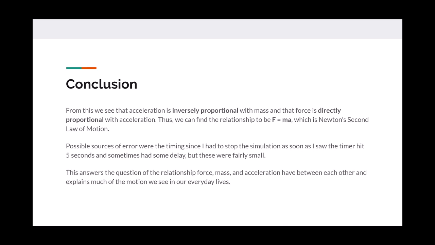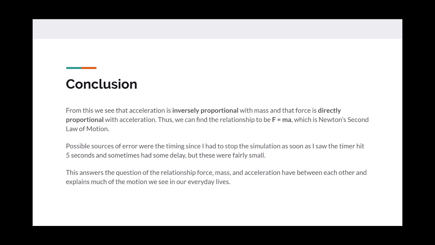Because the coefficient for both cases was almost equal, minus some error, to the force or the mass that we used, we can also know that there's no coefficient when we put this final equation together. Therefore, we can find the relationship to be F equals ma, or force equals mass times acceleration. This is Newton's second law, which is another way to check this.